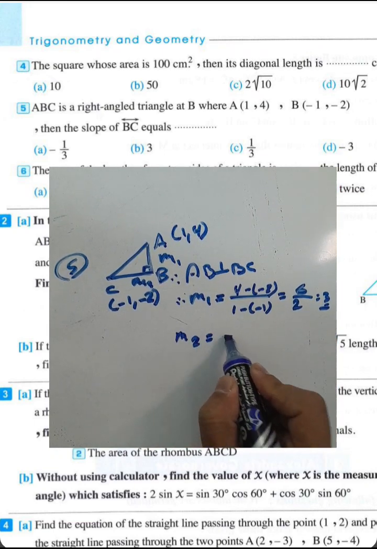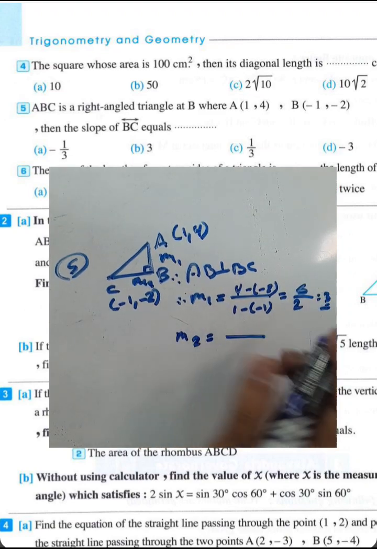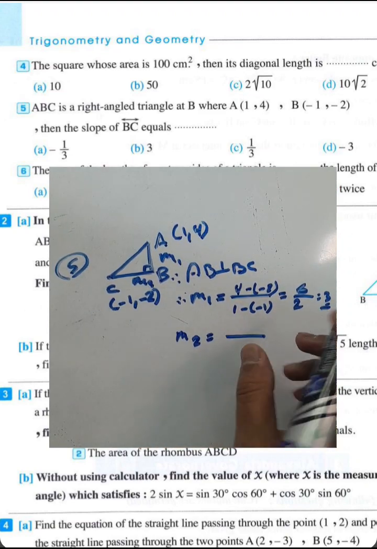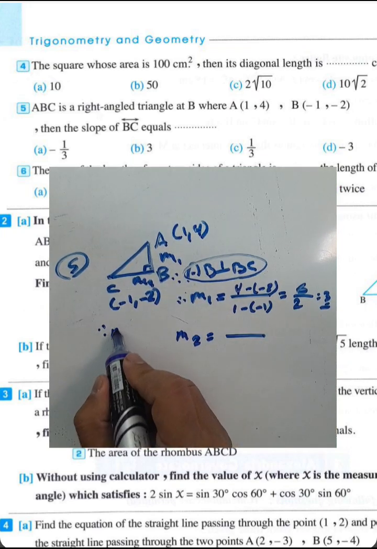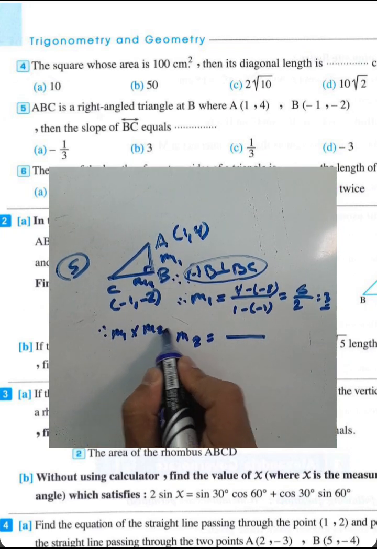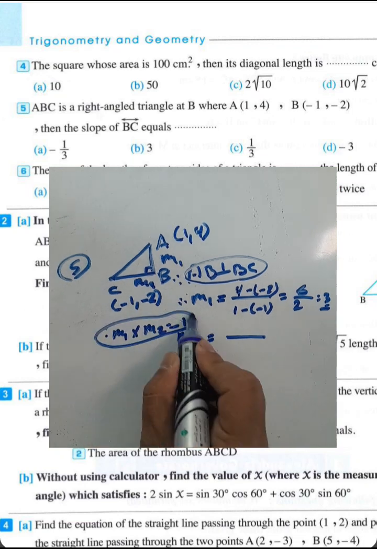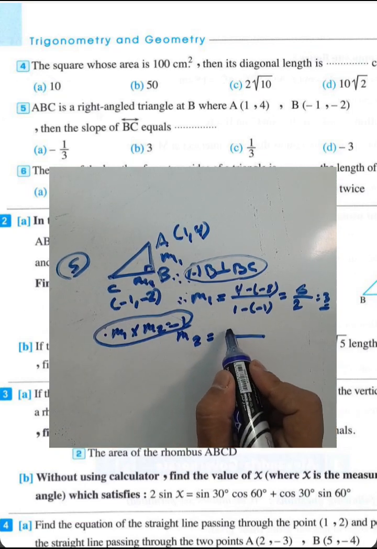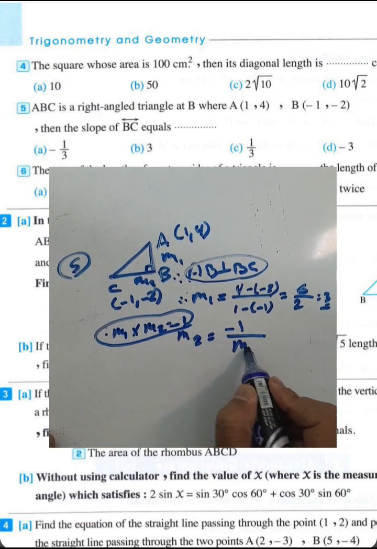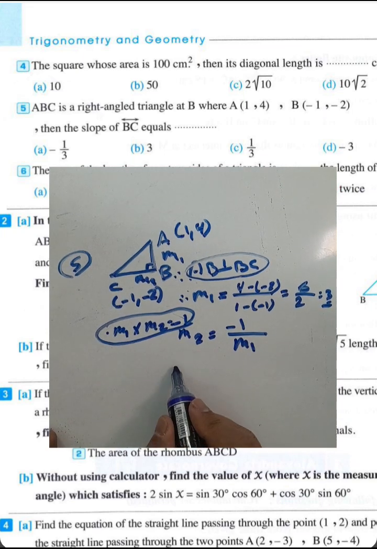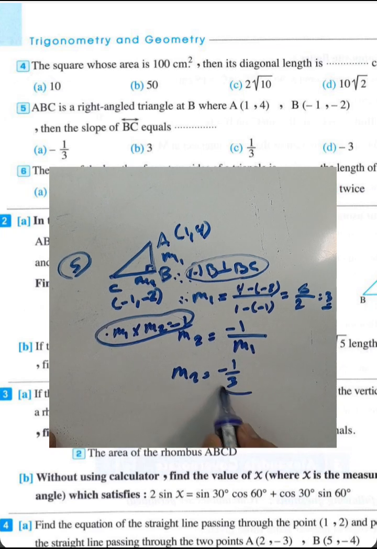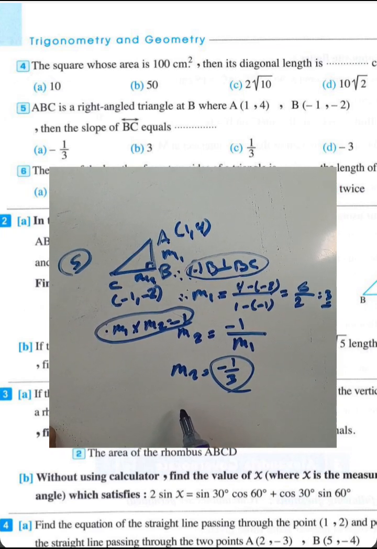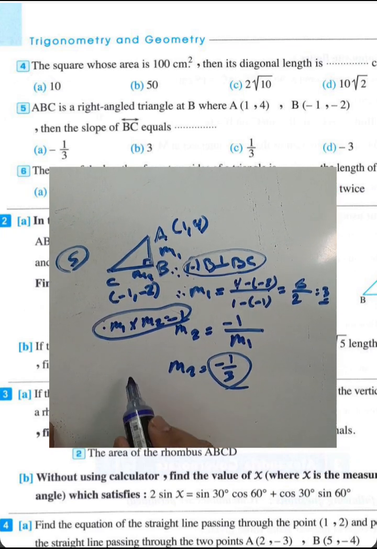And slope 2, we can write the inverse of this number and change the sign, because AB is perpendicular to BC, meaning M1 multiplied by M2 equals -1, and M2 equals -1 over M1. We want to find slope 2, we write the inverse of this number and change the sign. The result will be -1 over 3. Choose letter E for this example.